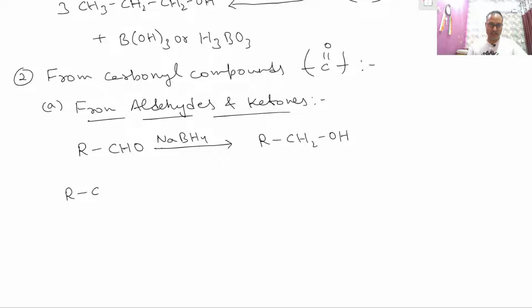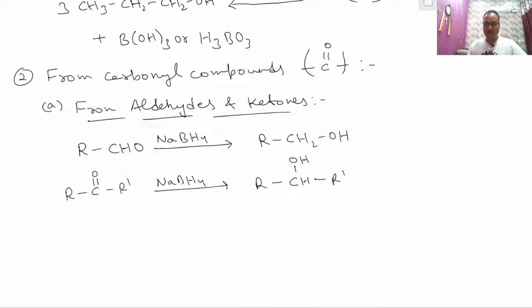And if we have the ketone, then in that also we can use sodium borohydride, NaBH4. But in case of ketone, we will be getting a secondary alcohol, and in aldehydes we will be getting primary alcohol. That is the only difference. This is a primary alcohol, 1 degree, and this one is a secondary alcohol, 2 degree.